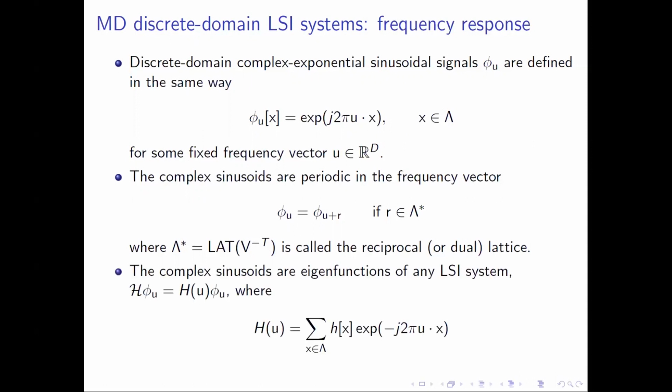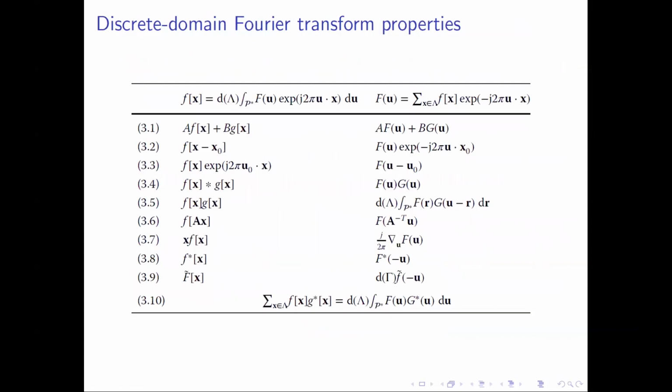Again, complex exponentials are the eigenfunctions of any LSI system. The eigenvalue is given by the discrete domain Fourier transform of the unit sample response. The Fourier transform expression is again derived by determining the response of an LSI system to complex exponentials.